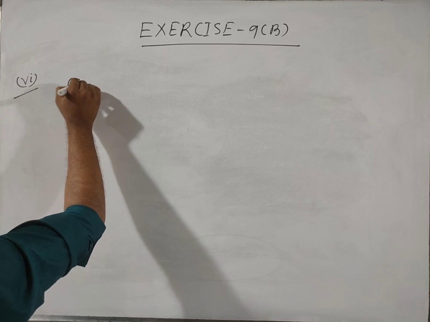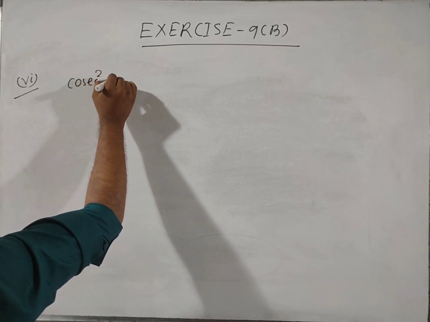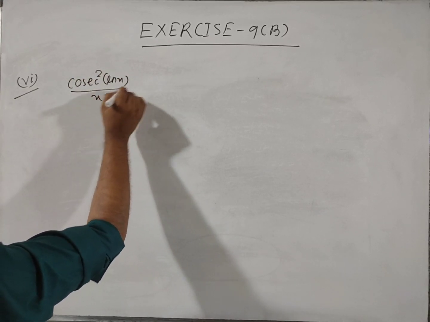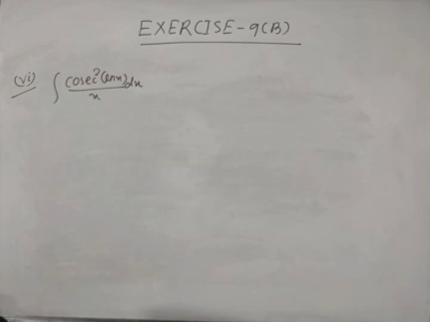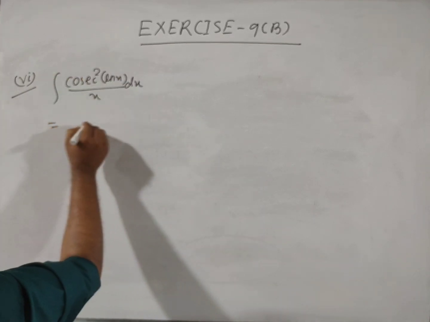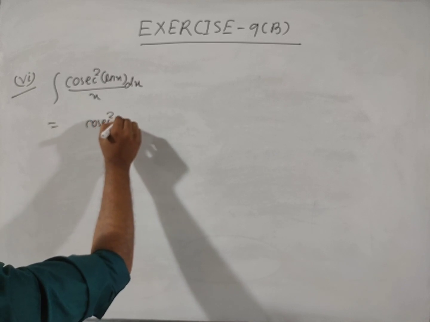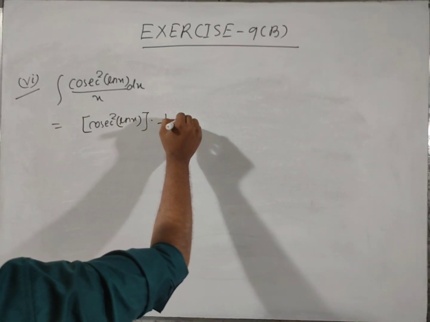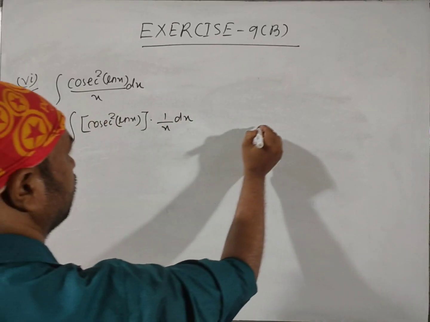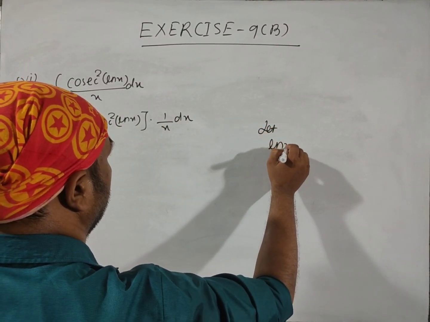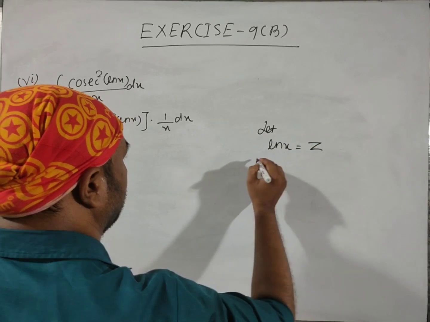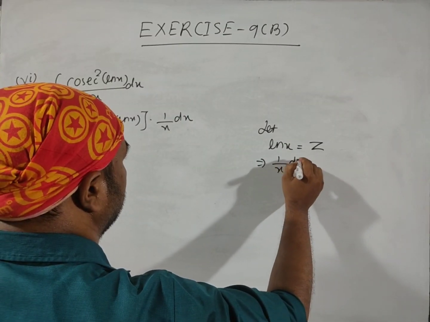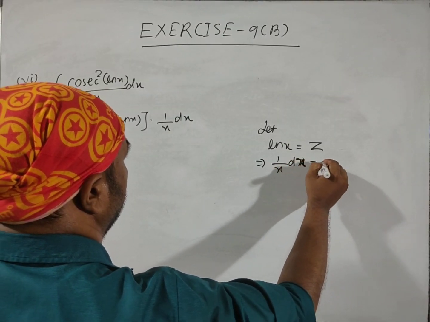Sixth bit, integral of cosec square ln x whole divided by x dx. So it will be cosec square ln x multiplied with 1 upon x dx. Let us consider ln x as z, then it will be 1 by x dx, it is dz.